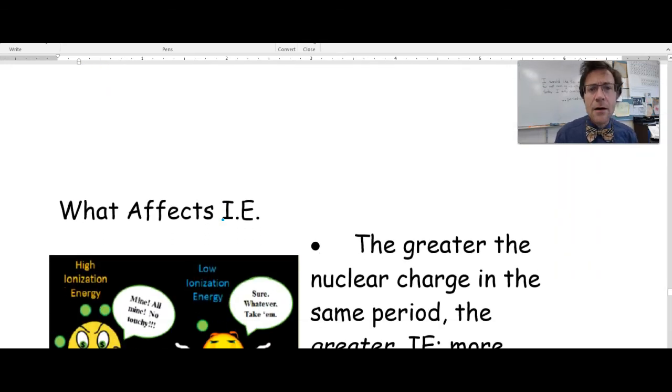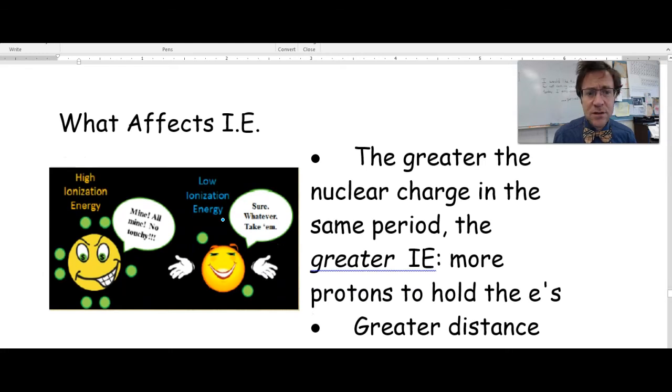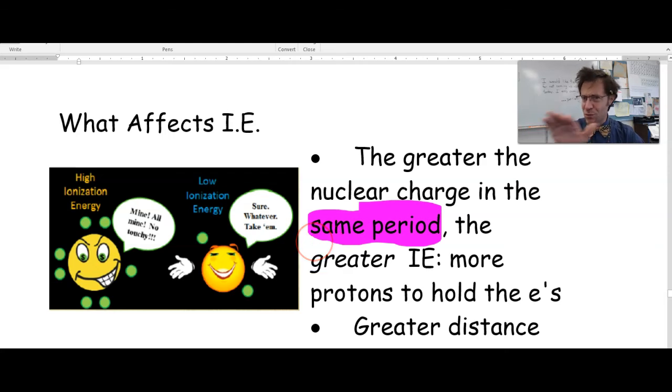So what do we got next? Oh yeah, what affects ionization energy and electronegativity? Well, it's pretty much the same thing as before. If you're in a period, and it's really important to keep the idea that these trends only work in a period or a group. So same thing with electronegativity. Every time you take a step to the right, you're adding more proton pull, and there's the exact same amount of shielding.